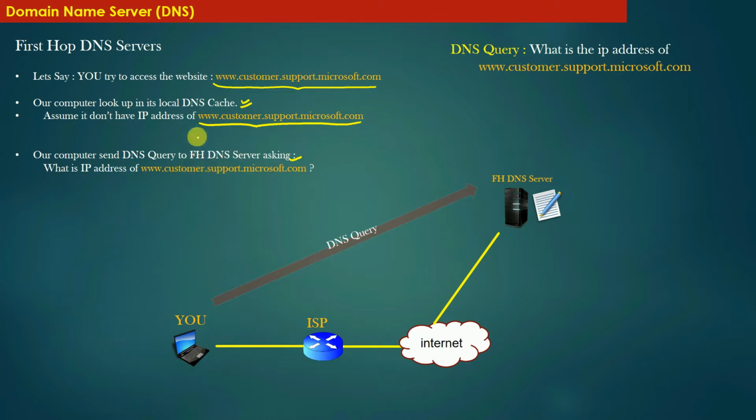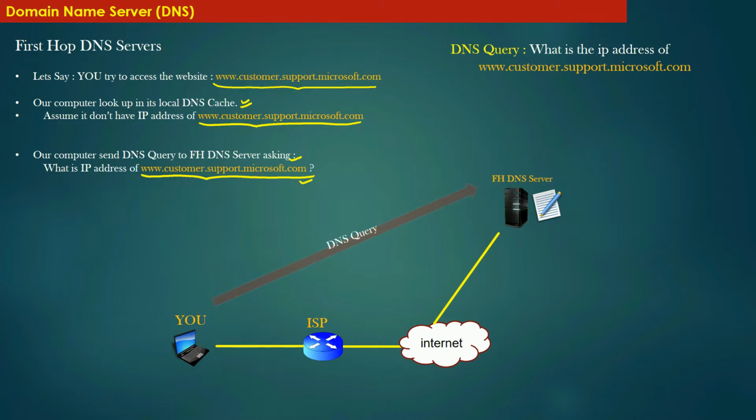And what is the meaning of this query? This query means: what is the IP address of www.customer.support.microsoft.com? So a DNS query is a DNS message that your computer or local machine will send to the First Hop DNS server. And how is your machine able to send this DNS query to the First Hop DNS server?